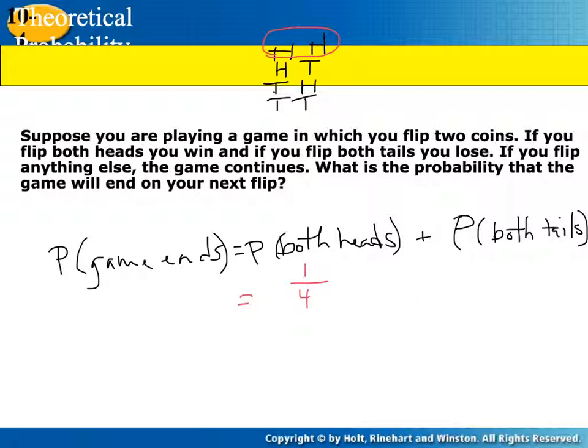So 1/4 is the probability of both heads landing. Probability of both tails landing is again 1/4. When we are figuring out if one or the other will occur, I add their 2 probabilities together. So when I find that out, I end up with 2/4, which is equal to 1/2 or 50%.